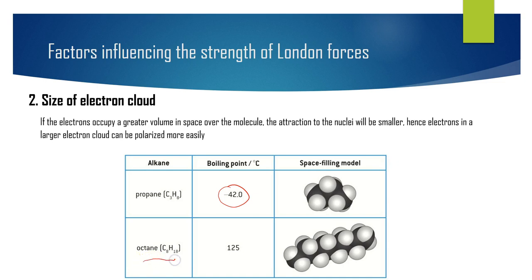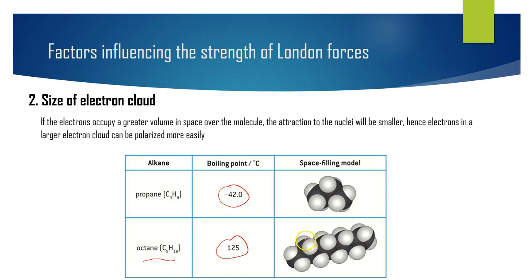If we increase the number of atoms, this of course will increase the number of electrons, but it is related to the volume as well. When we go to C8H18, our boiling point goes up to 125 degrees C, which is actually higher than that of water.